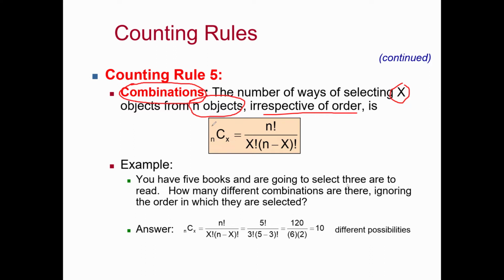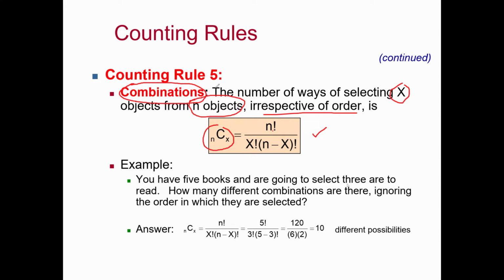So we read this as NCX. NCX is factorial N over X factorial multiplied by N minus X factorial. This is how we can count when we are dealing with combinations of X objects from a sample of N objects.